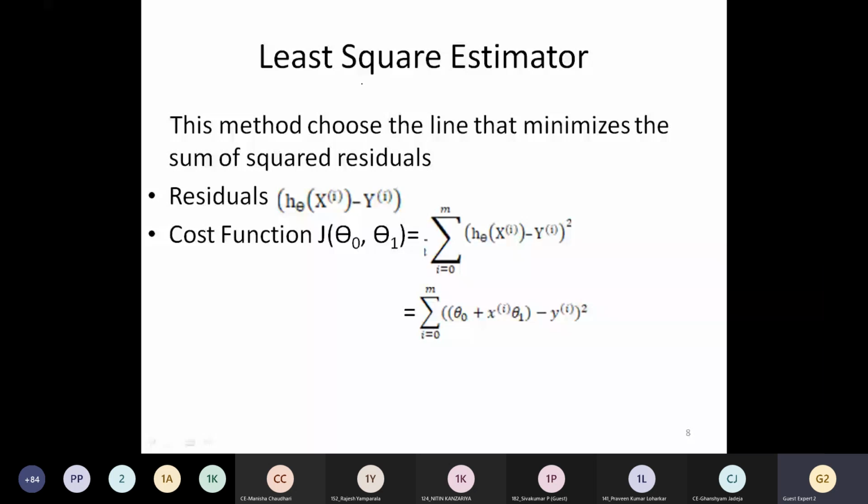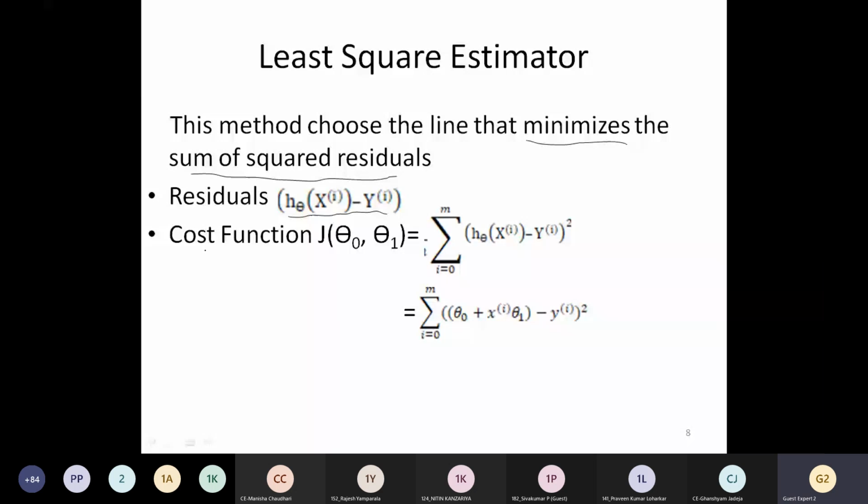In the least square estimator, the cost function is the sum of squared residuals. Okay, this is the cost function, and the least square estimator minimizes this function. Now, the residual is nothing but the difference of the predicted y and the actual y.